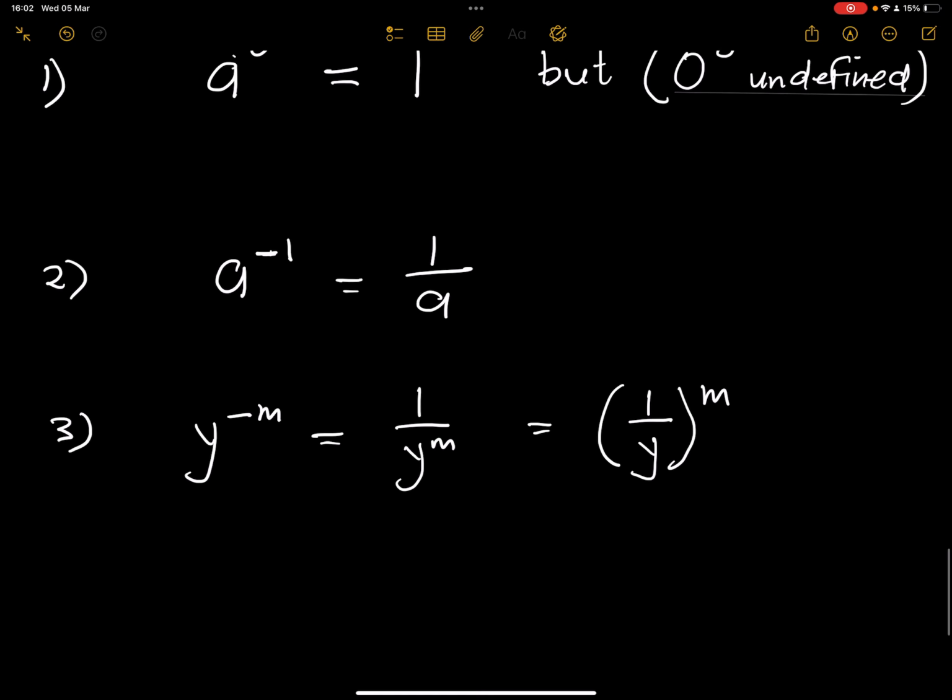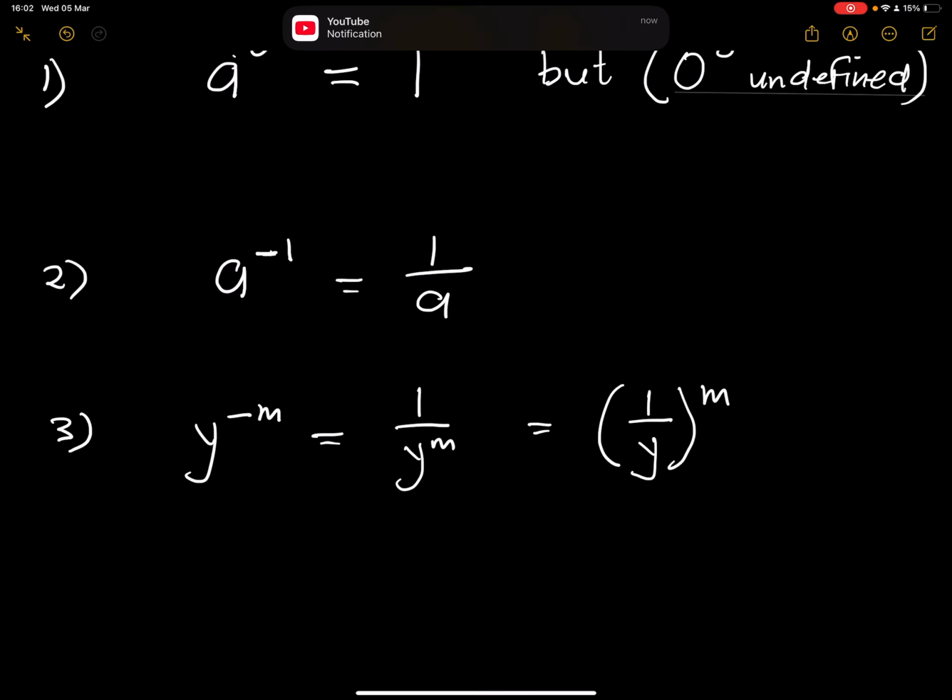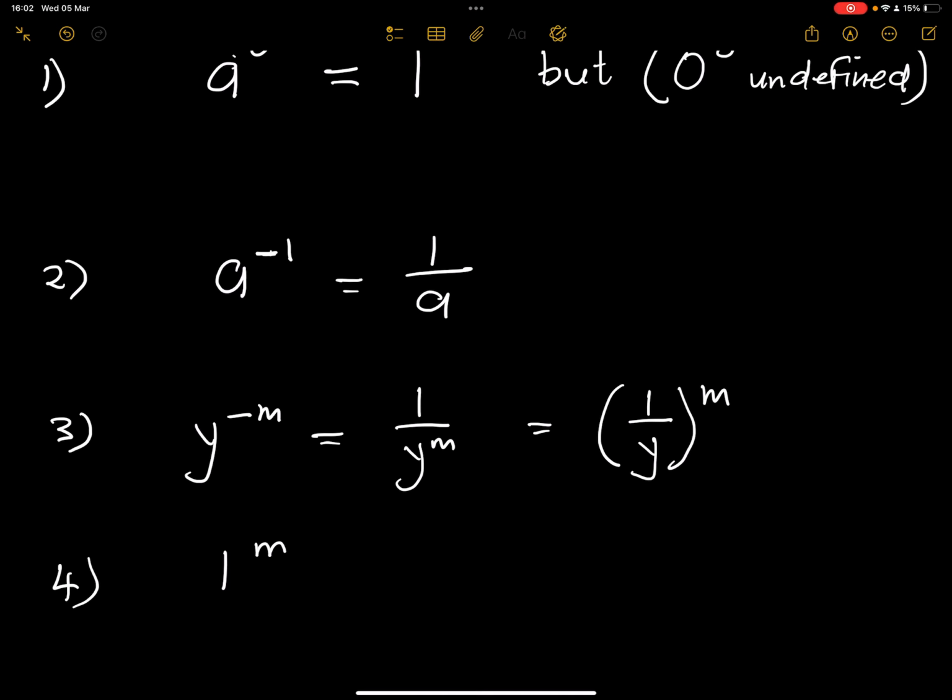Remember, the rule is 1 raised to any exponent will still give me 1. That's very important. 1 raised to the exponent anything will still give me 1, because 1 times 1 times 1 is 1. It doesn't matter how many times you multiply 1 by itself, it will always give us 1.